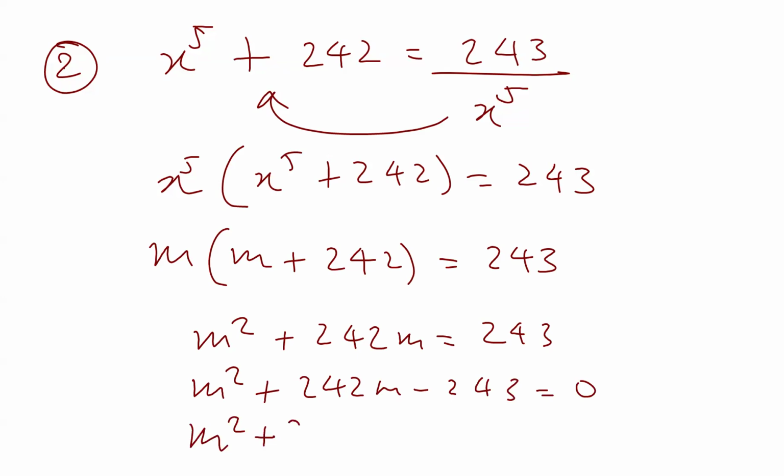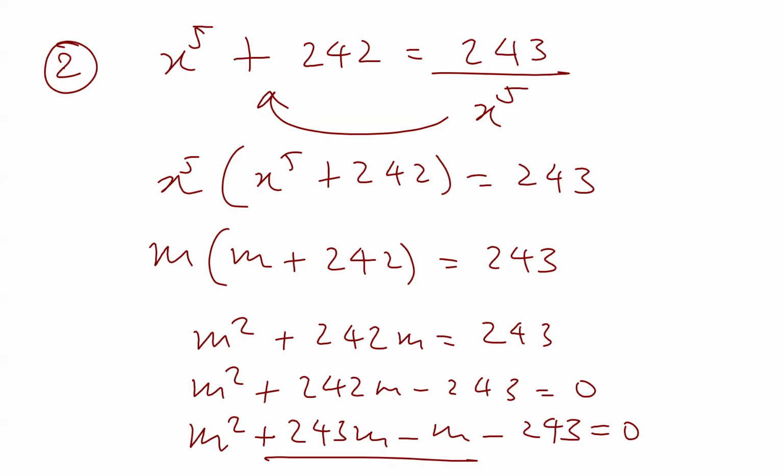So m square plus 243m minus m. Okay, so I'm splitting the middle term. 243 into minus 1 is minus 243, and we add and subtract, we get 242. If you are finding this difficult, you can also apply the formula method because you have calculators.